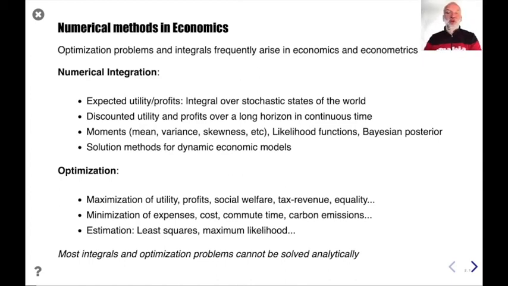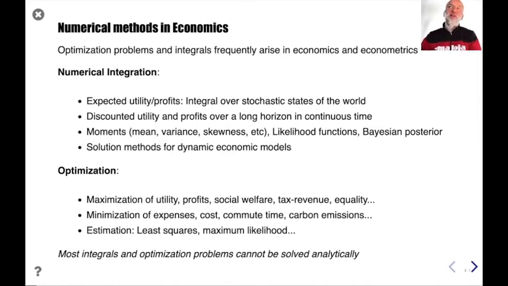Solutions to dynamic economic structural models are another example. These are models where agents are trying to optimally allocate resources through time, usually under uncertainty about the future states of the world. In the equations that describe that economic problem, there's always some expectation operator.